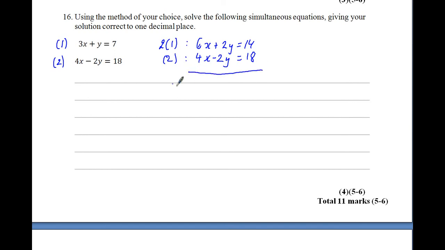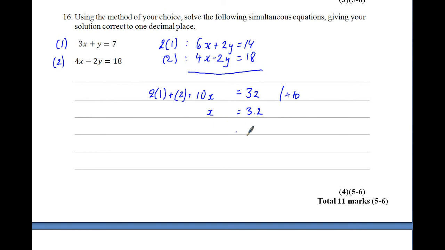I'll write 2 times equation 1 plus equation 2. I add each term. This is 10x, this is 0y, and this is going to be 32. And so x equals 3.2, since I divide both sides by 10.